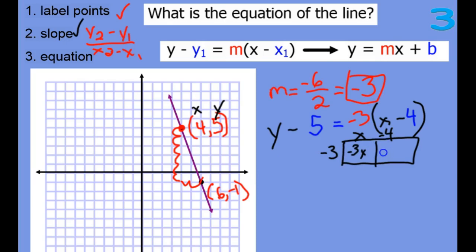Negative 3 times negative 4 is positive 12. So if we bring these down out of our box, and bring that y minus 5 down, we have y minus 5 equals negative 3x plus 12.